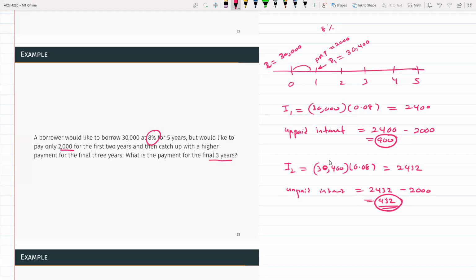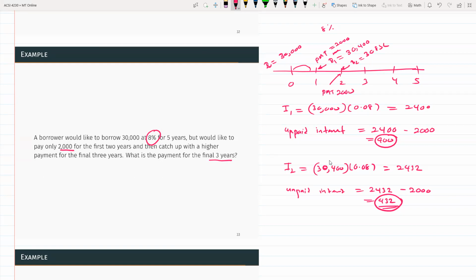Now that needs to be added to the loan balance. So the new loan balance would be 30,400 plus 432, which is 30,832. So I need to say this is after payment. So this is B2, which is 30,832. Here you are making a payment of 2,000.